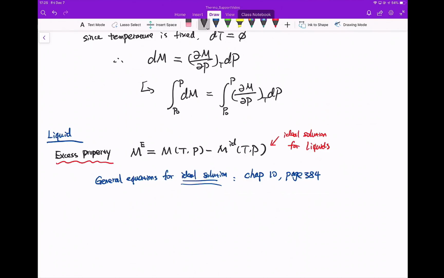If I start with the volume, then the volume for the ideal solution will be the summation of all the components in the liquid phase, xi times their pure volume Vi for component i.